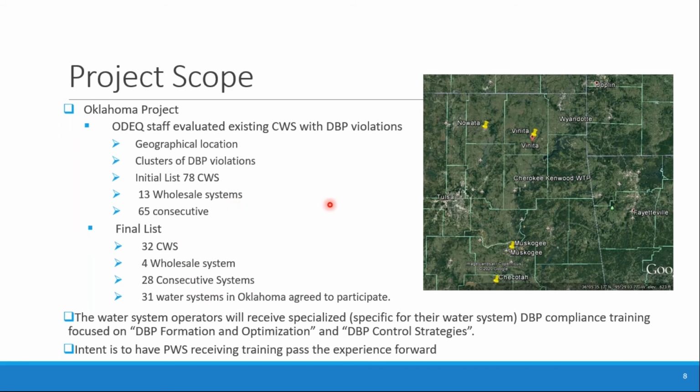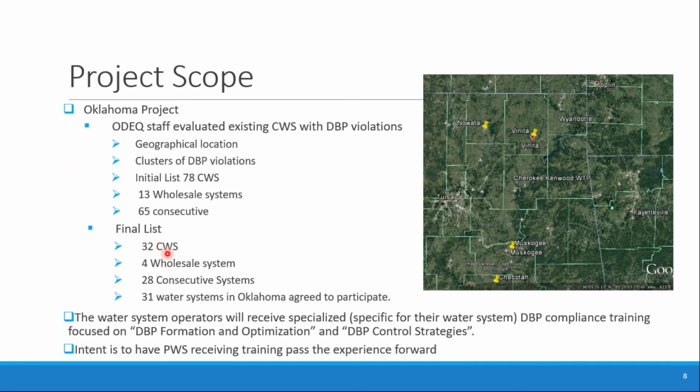So if we look at this map here, this area right here is Tulsa, Oklahoma, and the systems that were selected to work on were the city of Nowata right here and the city of Veneta, which are just northeast of Tulsa, and the other area is southeast of Tulsa, which is the city of Muskogee and the city of Chakotah and their consecutive water systems.